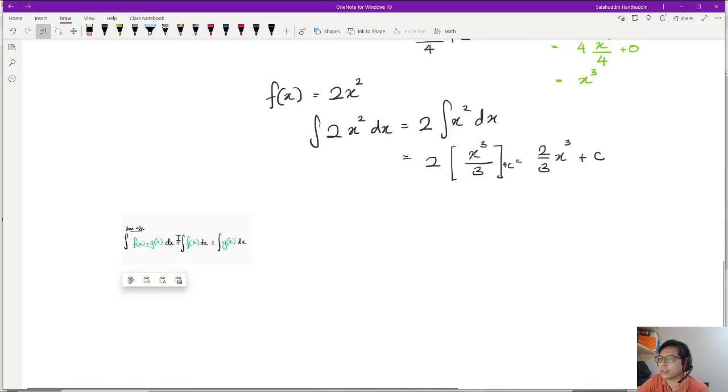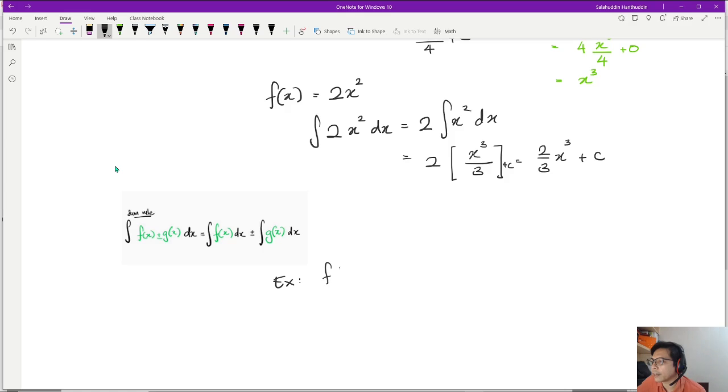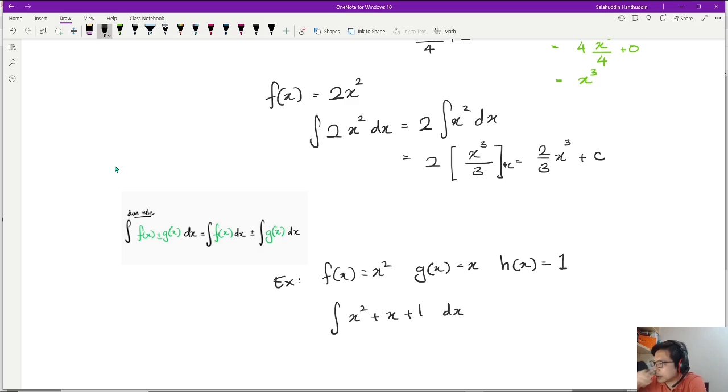Let's say you have a summation of functions. For example, f of x equals x squared, and then you have another, g of x equals x, and let's add one more, h of x equals 1. Then try to find the integral of x squared plus x plus 1 with respect to x.